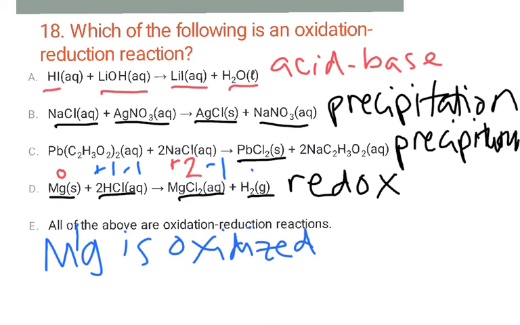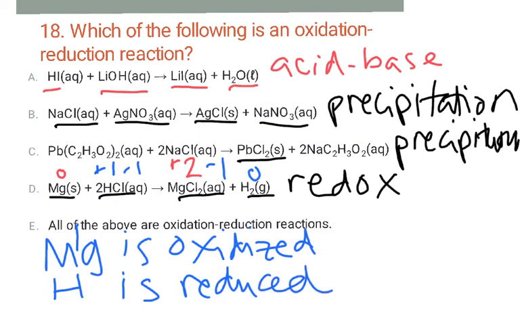And so here, if we look at H2 gas, the oxidation state is going to be 0. So, on the reactants, hydrogen has an oxidation state of +1. On the products, it has an oxidation state of 0. So it went from something more positive to less positive. So hydrogen is reduced. Because it gained electrons. So you confirm that it was in fact a redox reaction.